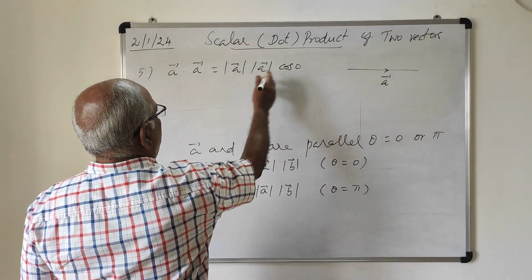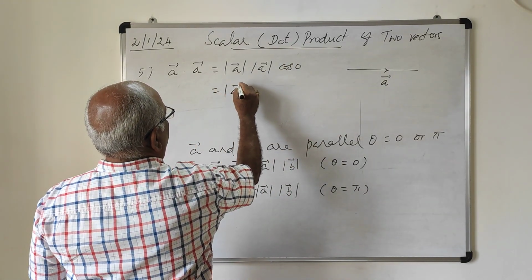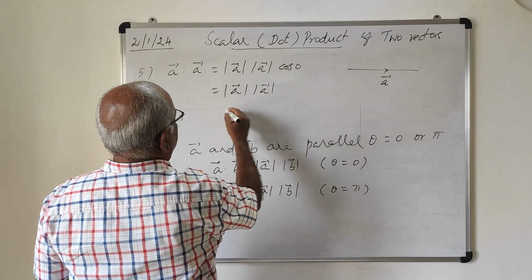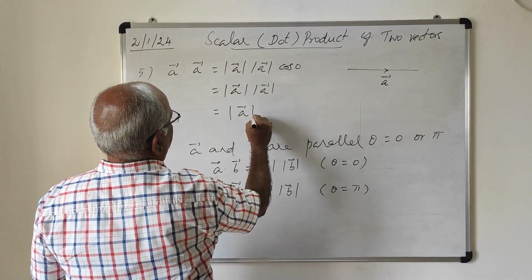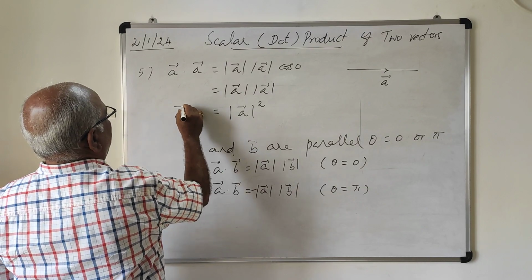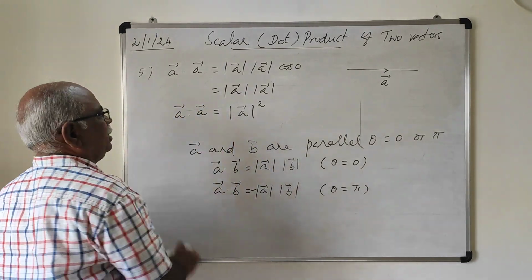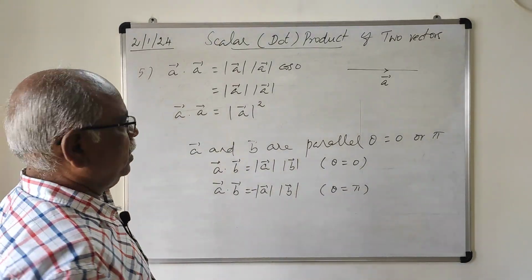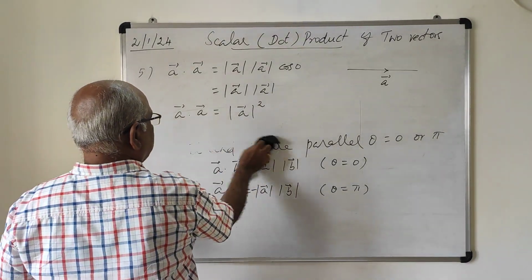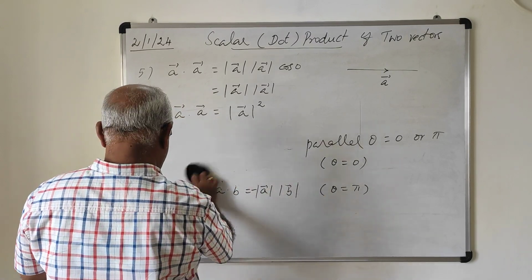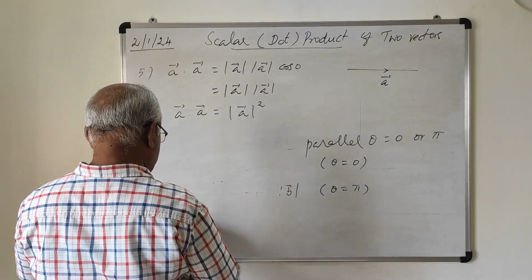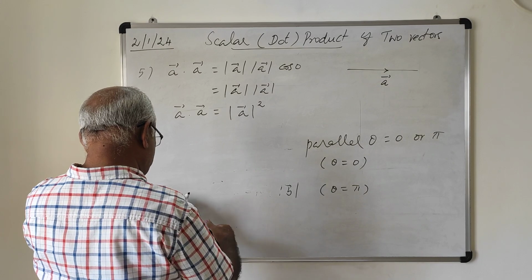Theta is 0, cos 0 is 1. Therefore, you will get mod A into mod A, that is equal to mod A square. So A dot A is mod A square. You remember this, A dot A is mod A square. These are the results you have to remember.